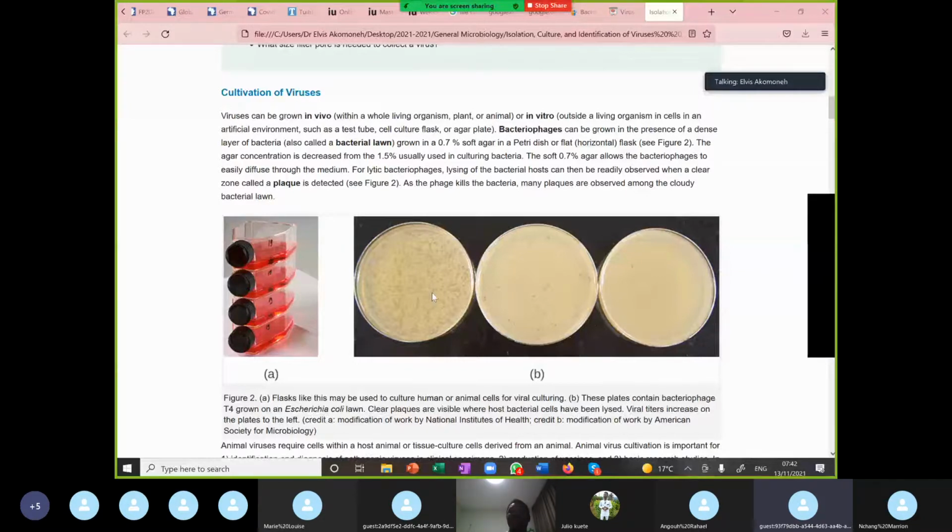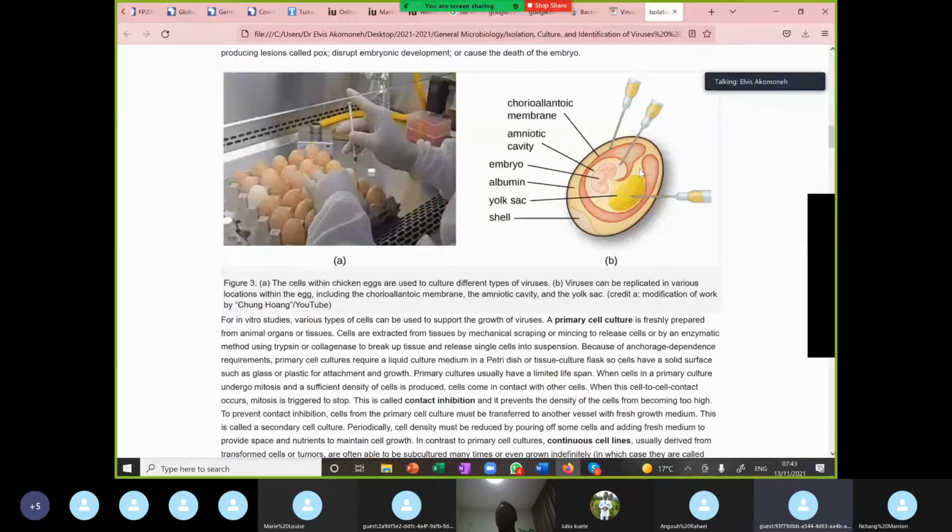So we can use an egg embryo to culture the viruses. In this case, we have to be very careful where we inoculate, because viruses, as I indicated in my very first lecture, are very specific to their host. And even within the host, some viruses are very specific to tissue.